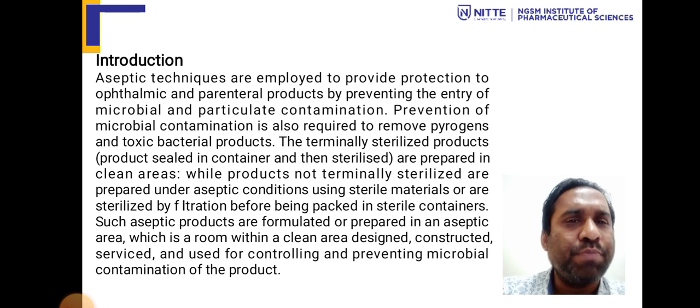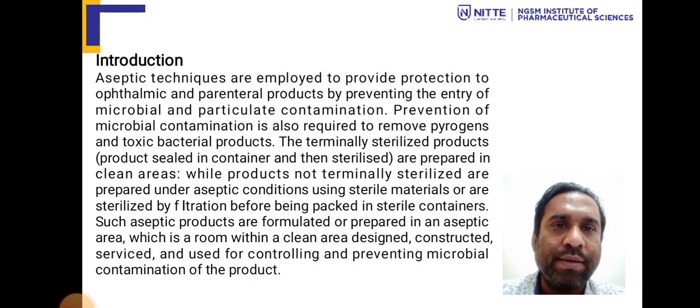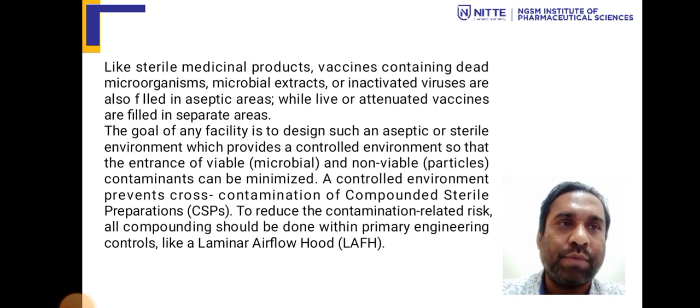Such aseptic processed products are formulated or prepared in an aseptic area, which is a room within a clean area designed, constructed, serviced, and used for controlling and prevention of microbial contamination of the product.